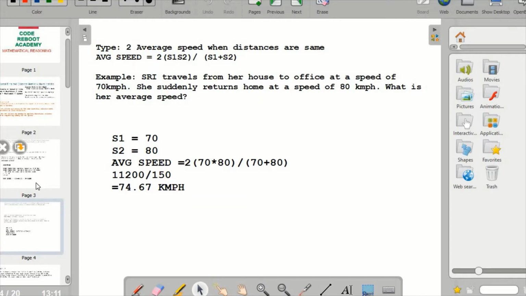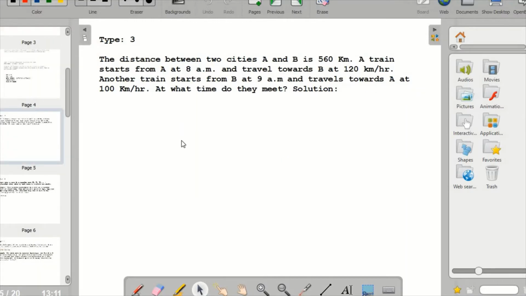Okay guys, let's go for the third type. So this is the third sum. In the third type, the distance between the two cities A and B is 560 kilometers.